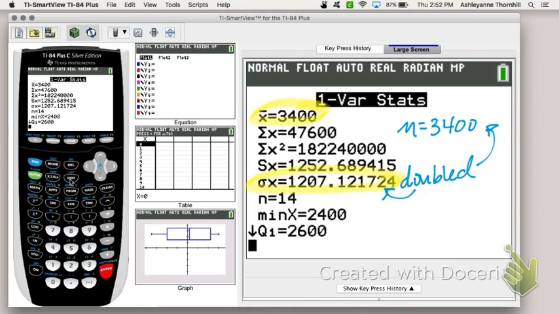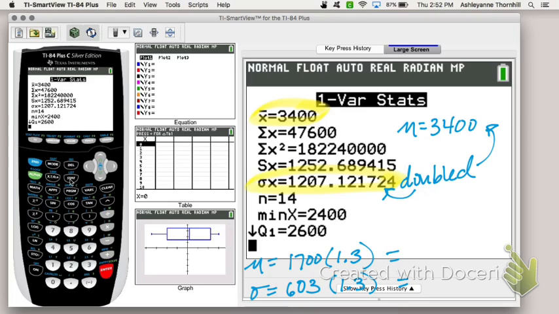So then the next question says, suppose we give everyone a 30% raise. What do you think is going to happen to the mean and the standard deviation from there? Times 1.3. So my original was 1,700 for the mean. So 1,700 times 1.3. The standard deviation was 603 point something. I'm going to multiply that by 1.3. And that's going to get me my new mean and my new standard deviation.